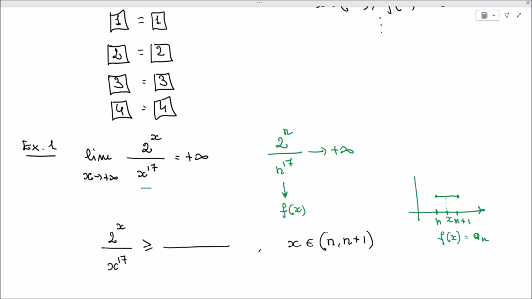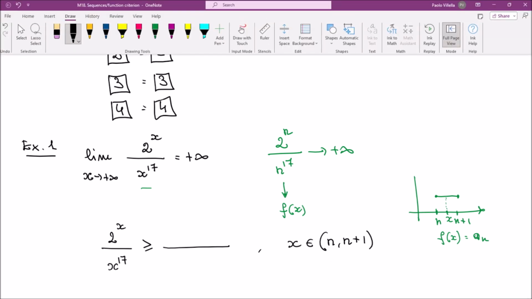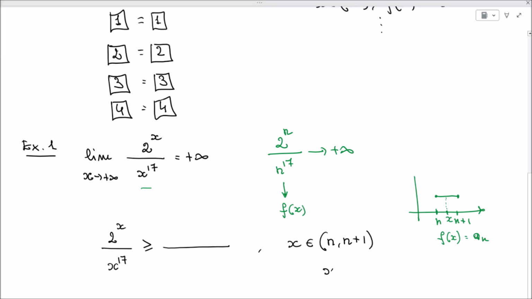Good. So clearly for every x that belongs to this interval, x is going to be larger than n. But if x is larger than n, then we can replace the numerator with simply 2 to the n, right? Because we know at this point that 2 to the x is going to be larger than 2 to the n.